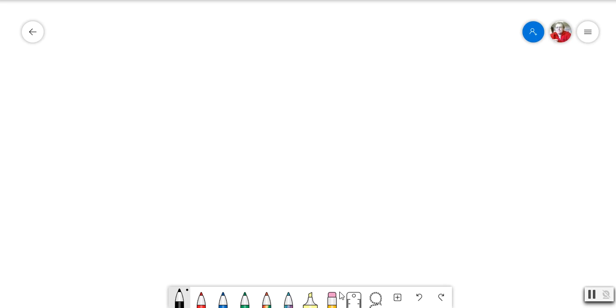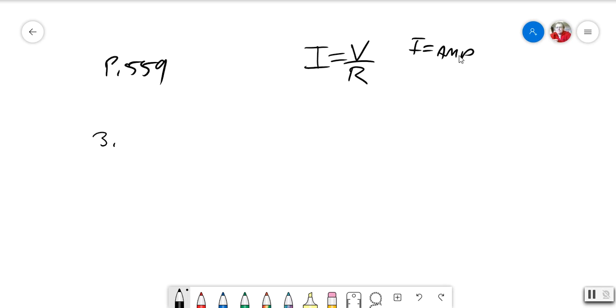So let's look on page 559 at the problems. And I think I just gave you like two or three or so. Let's look at problem number 3, Ohm's law. We said Ohm's law is I equals V over R, where I is the current in amps, V is volts, and R is the resistance in ohms.